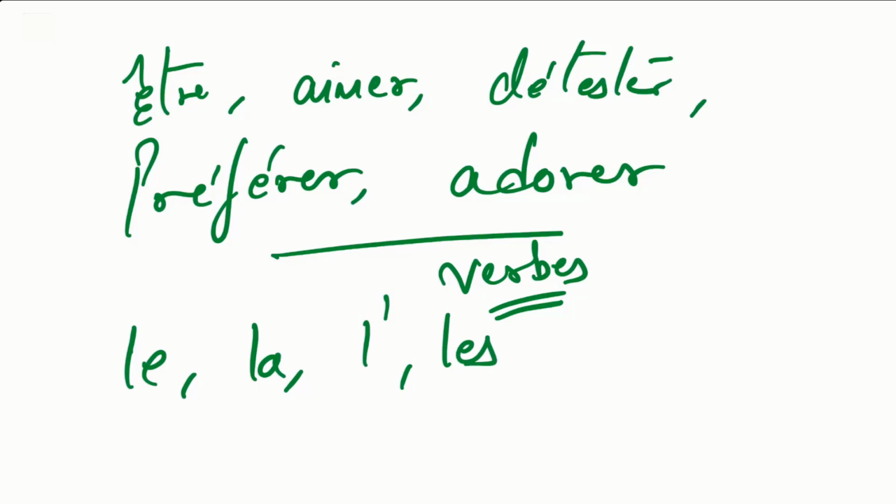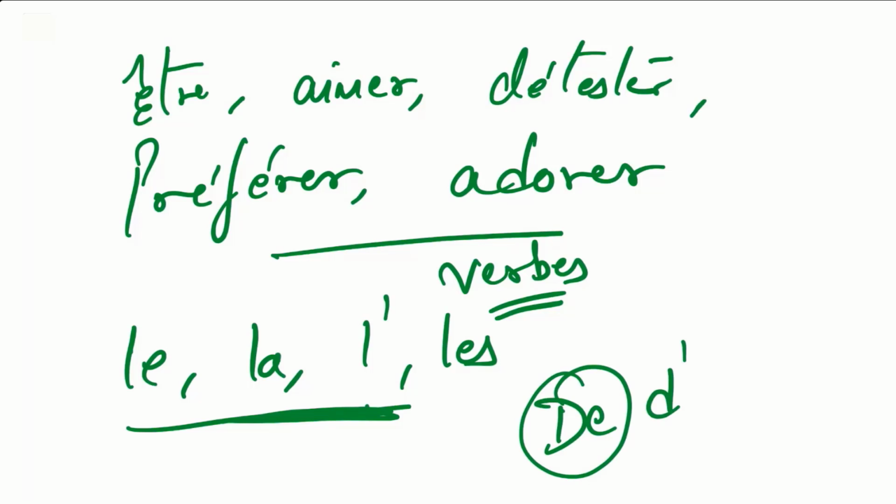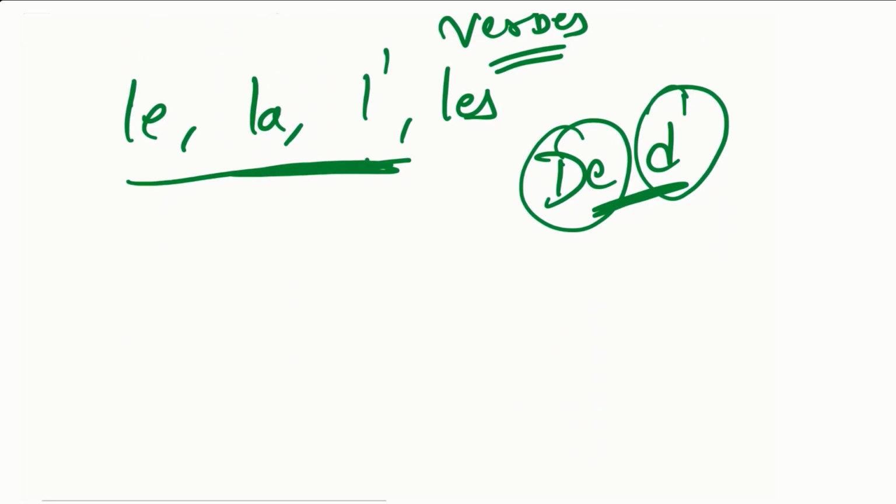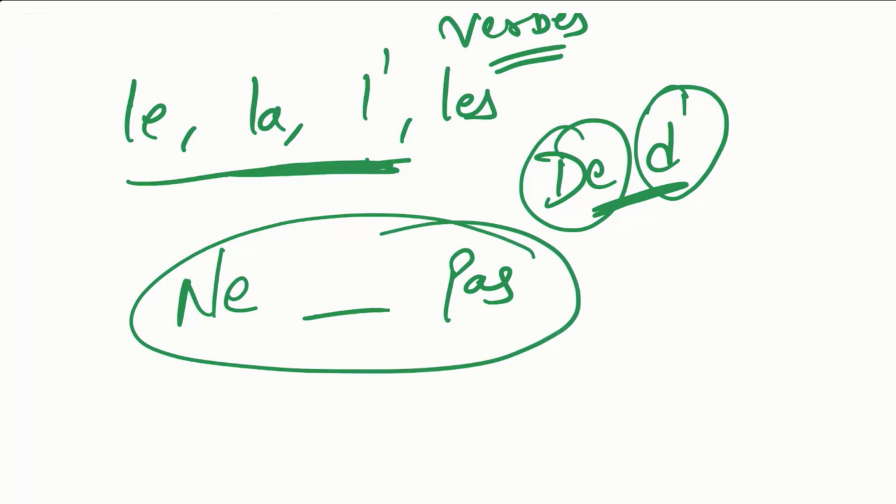Then you are not going to change them into any other article. You are not going to put de or d' there. You are only going to put ne and pas. D'accord? So we have done la négation.